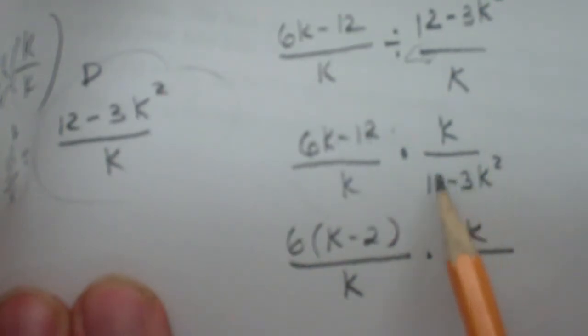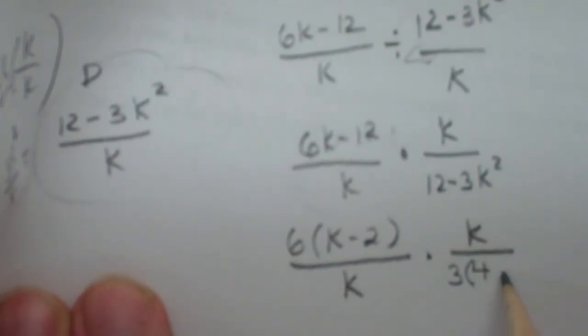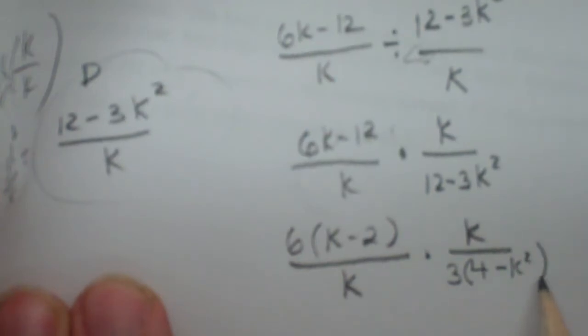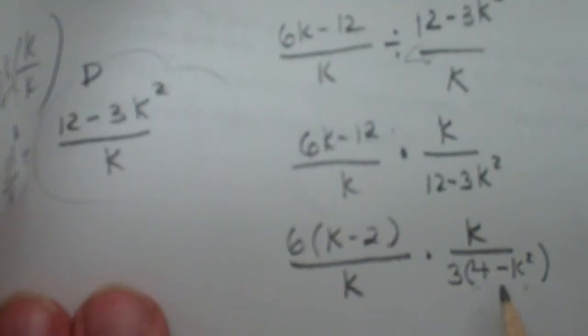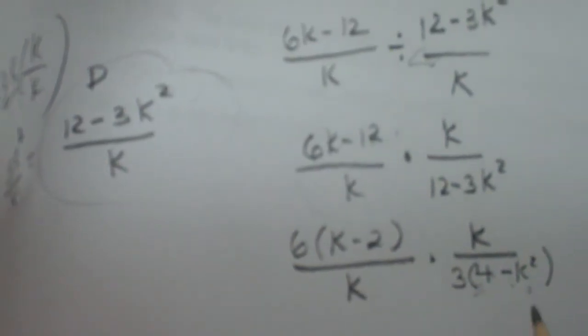Well, we can pull a 3 out of both of those terms. So this is 3. What times 3 gives us 12? Well, that's a 4. And then minus k squared. This 4 minus k squared, we're not done, because 4 minus k squared is a difference of 2 perfect squares. Be really careful here. See, this number comes first, so we have to write it that way when we factor.